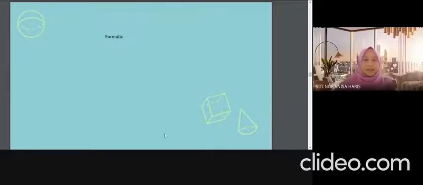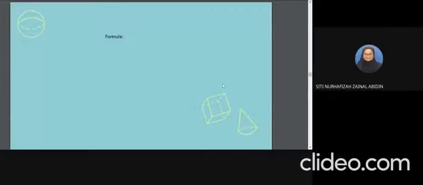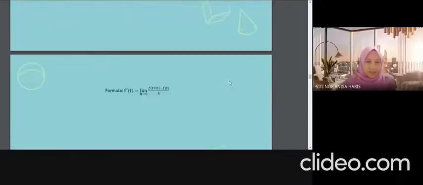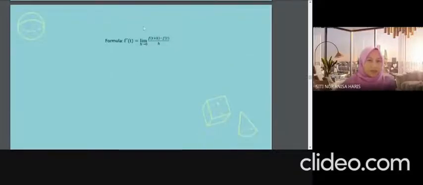Class, what is our formula for the definition of the first principle of differentiation? f prime of t equals the limit as h approaches 0 of f of t plus h minus f of t, divided by h. Okay, good, Hafiza. So this is our formula. Bear in mind that we are going to use this formula in our calculation.